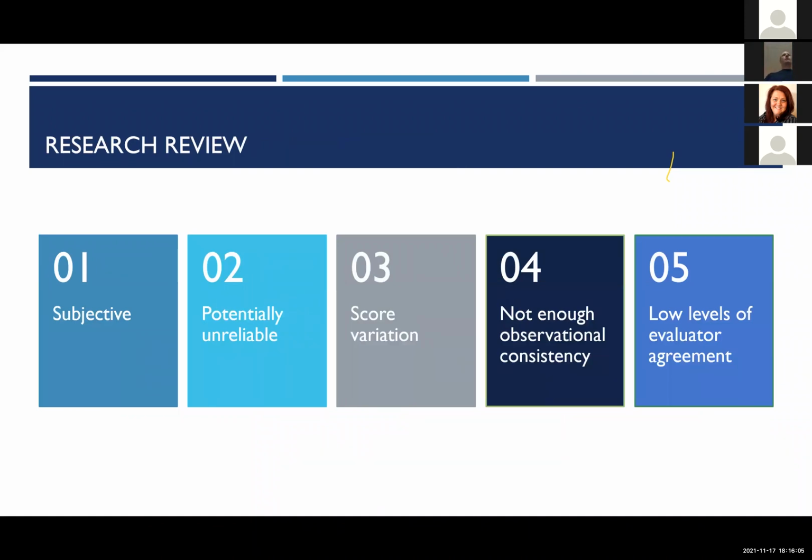So there was a research review study that was conducted several years ago in the state of Michigan, dating all the way back to the late 90s. What they did was take a look at evaluators and the current methods of evaluating Michigan EMS licensure candidates.